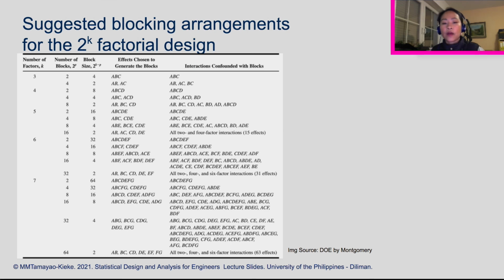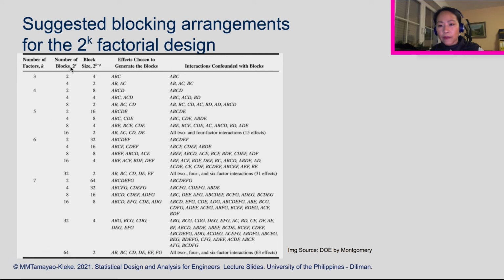And this table is actually provided by Montgomery as suggested blocking arrangements for the 2 to the k factorial design. So for example, if you have 6 factors, and the number of blocks is 2 to the p, where p is less than 6.